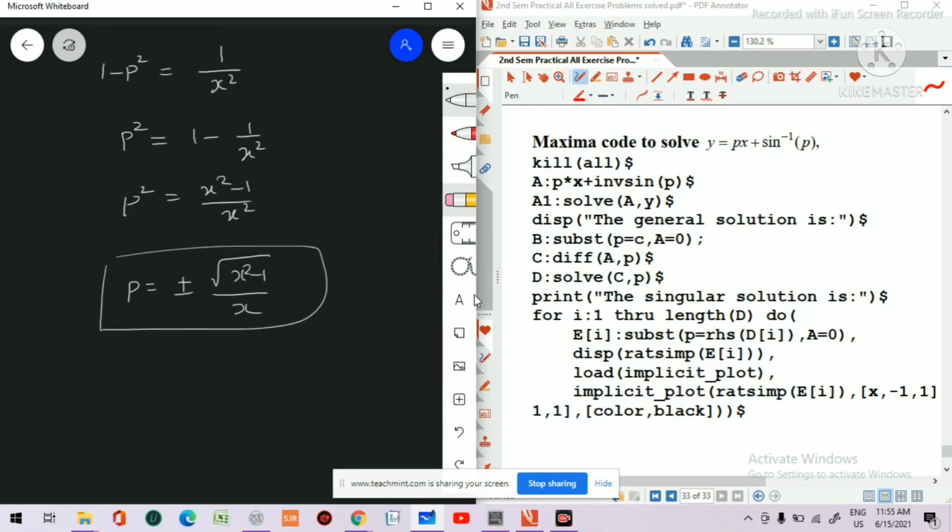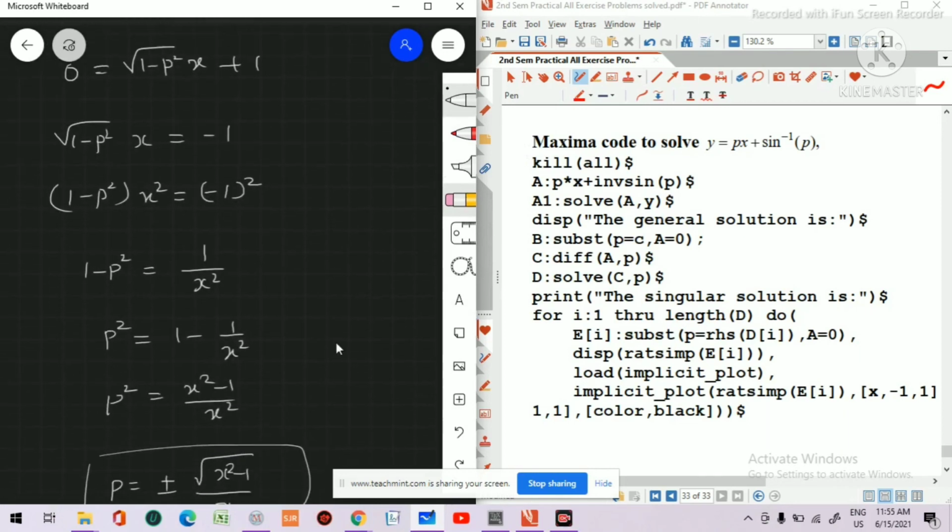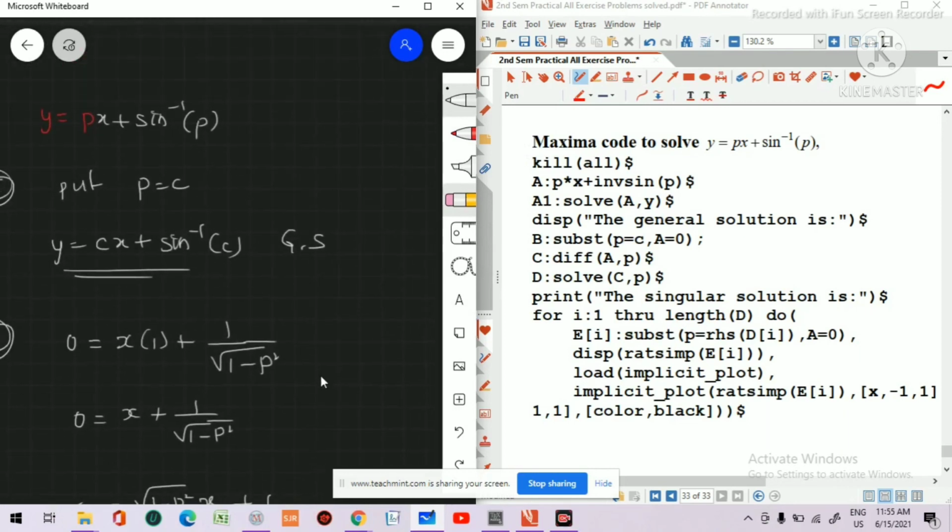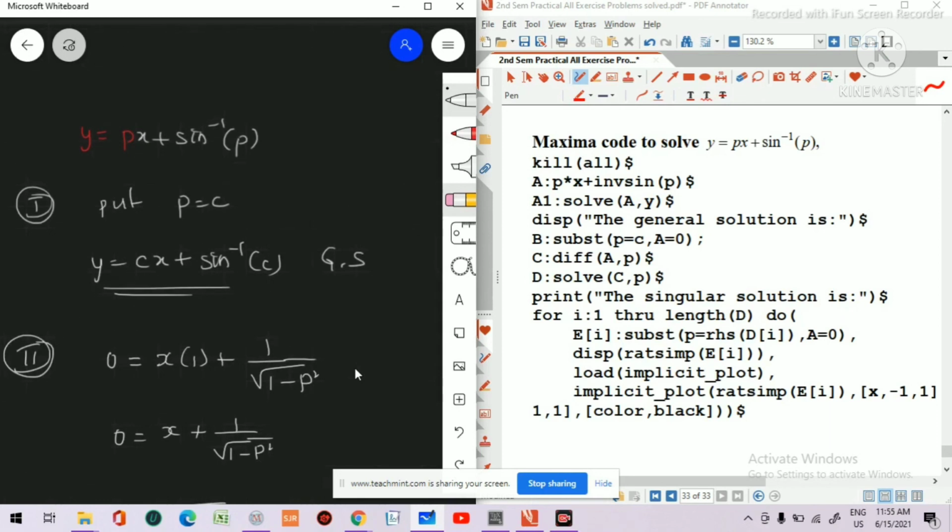Then substitute back in equation number 1. Is it understood? This is what you have to do; I have just given a glimpse. Yes, sir. This third problem and the fourth problem you people have to do. If you don't get the solution, just ask in the group.